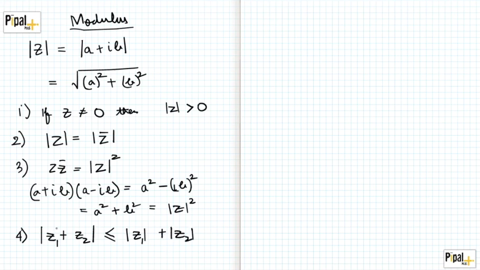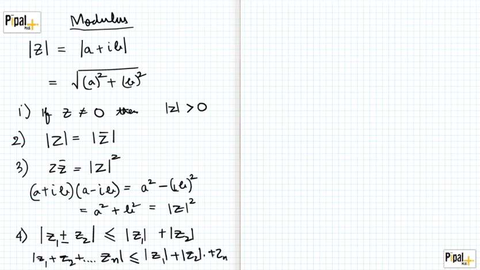Now this holds true even for subtraction. You could also generalize this to n complex numbers, z1 up to zn. This is going to be less than or equal to their individual moduli added.